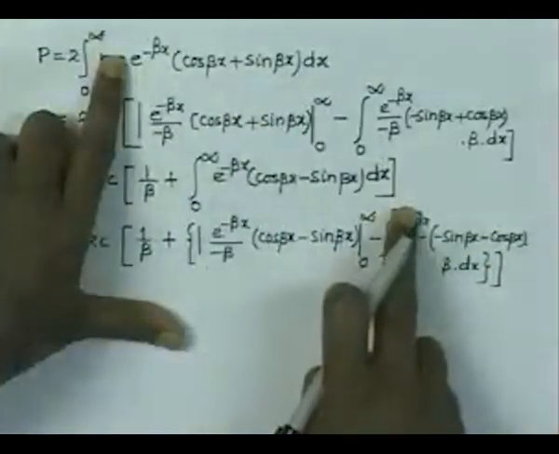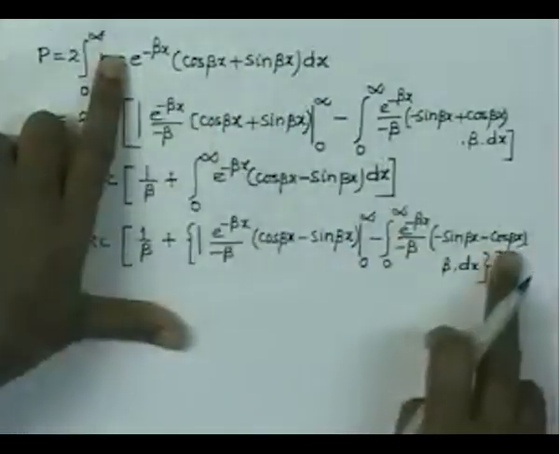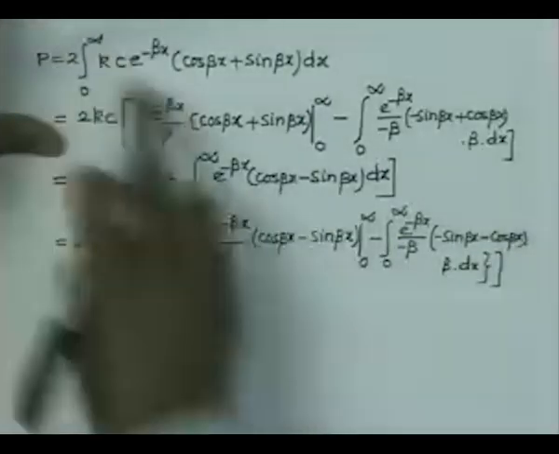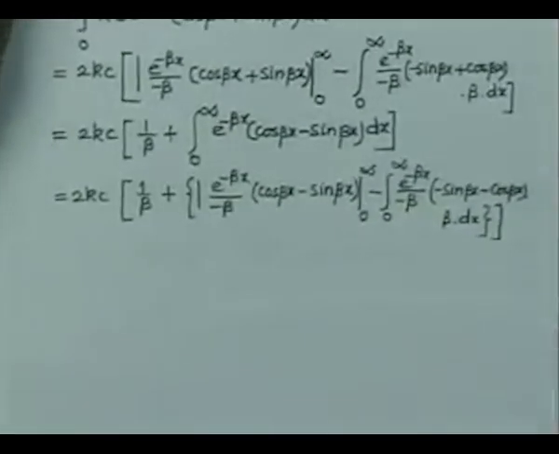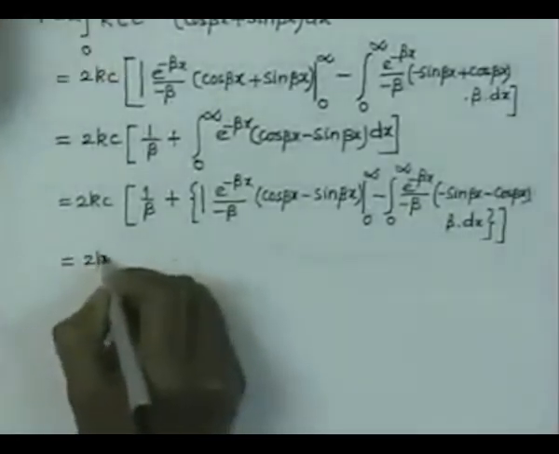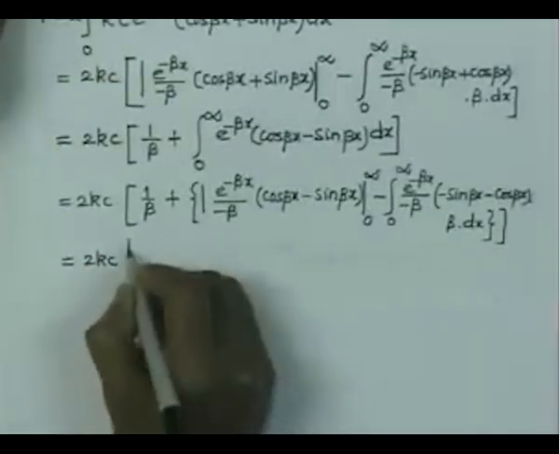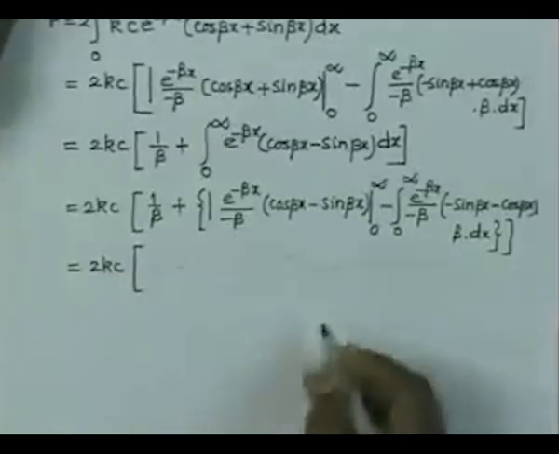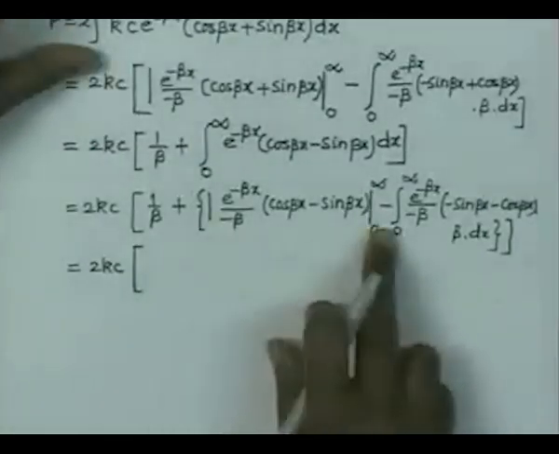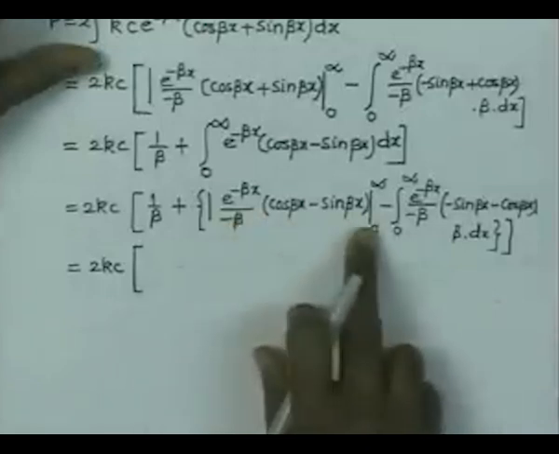So, therefore, we can write this expression as P by 2kc. So, this is nothing but repetition of that, and therefore, we can write now twice kc, and this is going to give us, again by similar consideration, 1 by beta only.